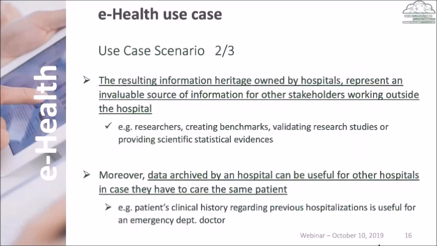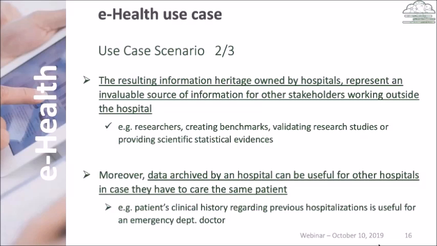The resulting information heritage owned by the hospital can constitute an invaluable source of information for other stakeholders working outside the hospital or even internal to the hospital. For example, as we will see in our use case, these are useful for researchers because they can create benchmarks, validate research studies, study healthcare outcomes, provide scientific evidence, and so on.